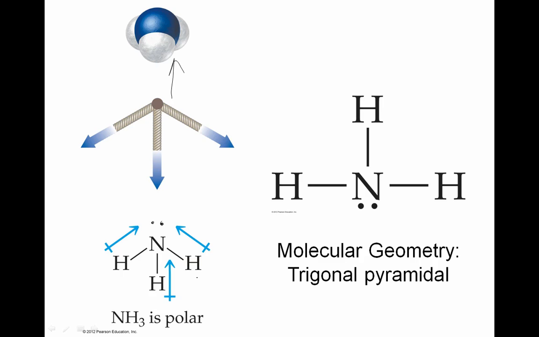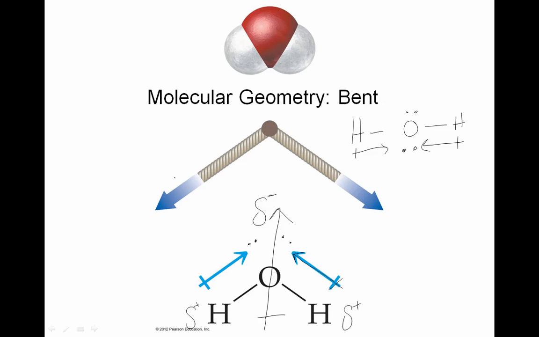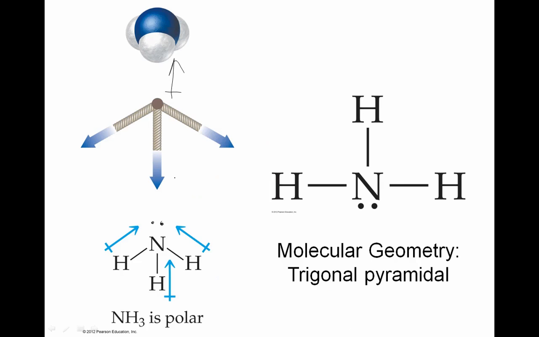So all of these arrowheads sum together to form one net dipole pointing straight through nitrogen. So NH3 has the same thing going for it that water did, the net dipole makes it so that they don't cancel out. It's going to be polar.